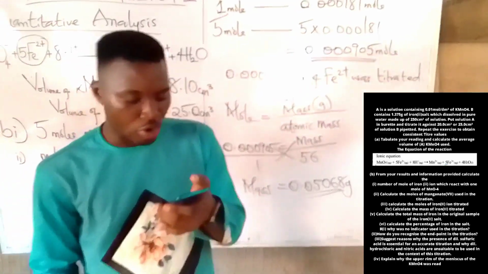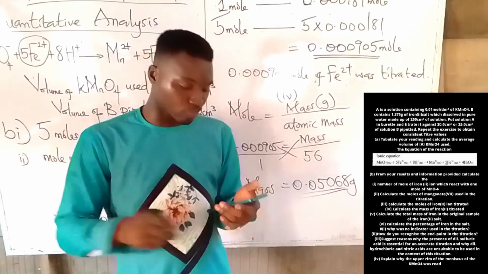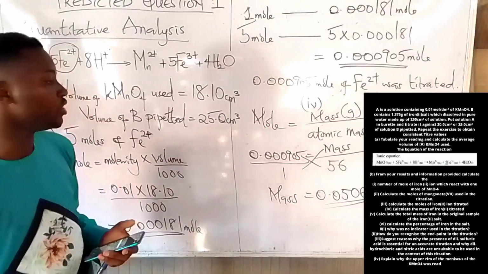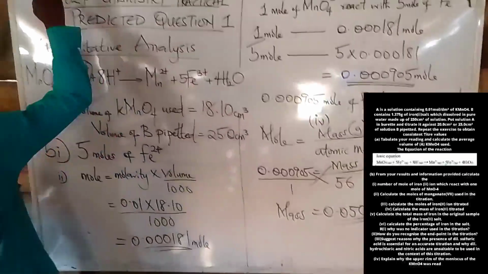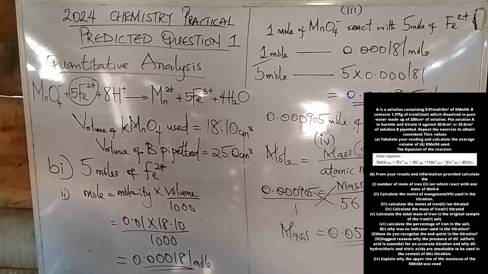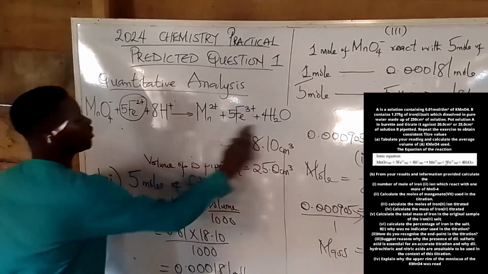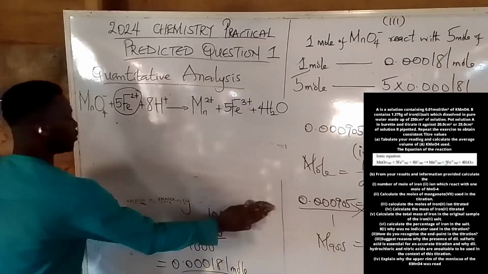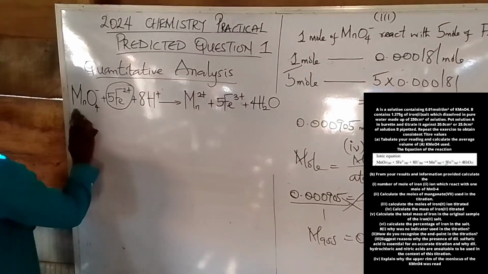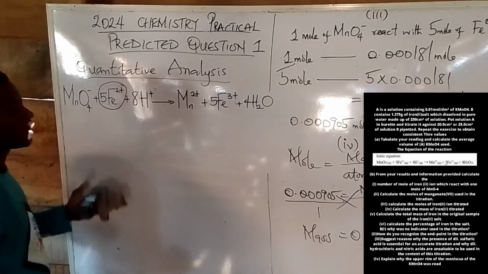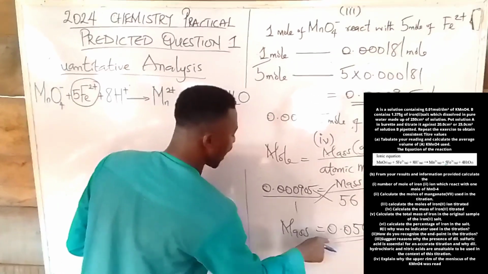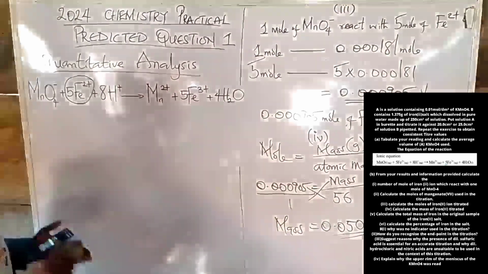If we want to get the total mass in the original sample, we already know that the iron 2 that was pipetted was 25 centimeter cube.